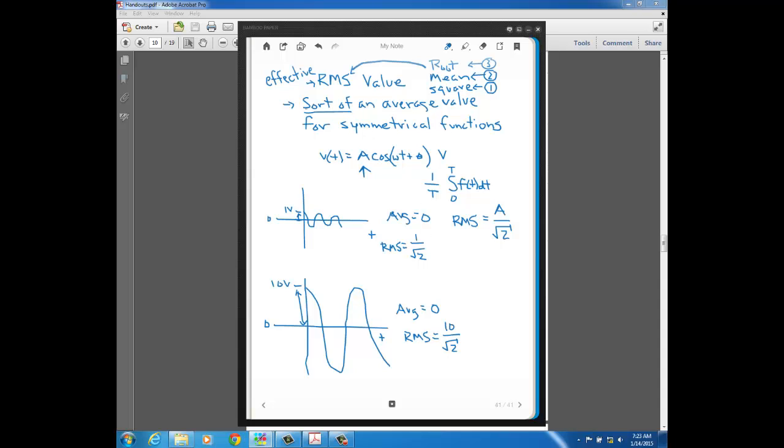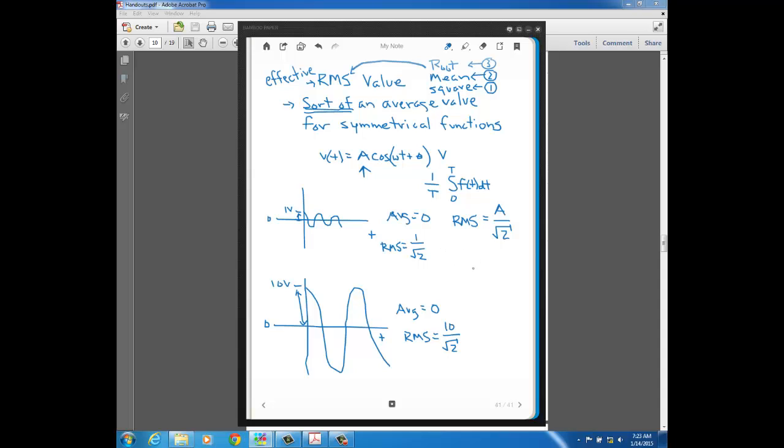That's what I mean by RMS being sort of an average value for symmetrical waveforms, because if you were to take a straight average, you wouldn't get any meaningful information. But with this definition, by performing these operations, we obtain a value that is descriptive over time.